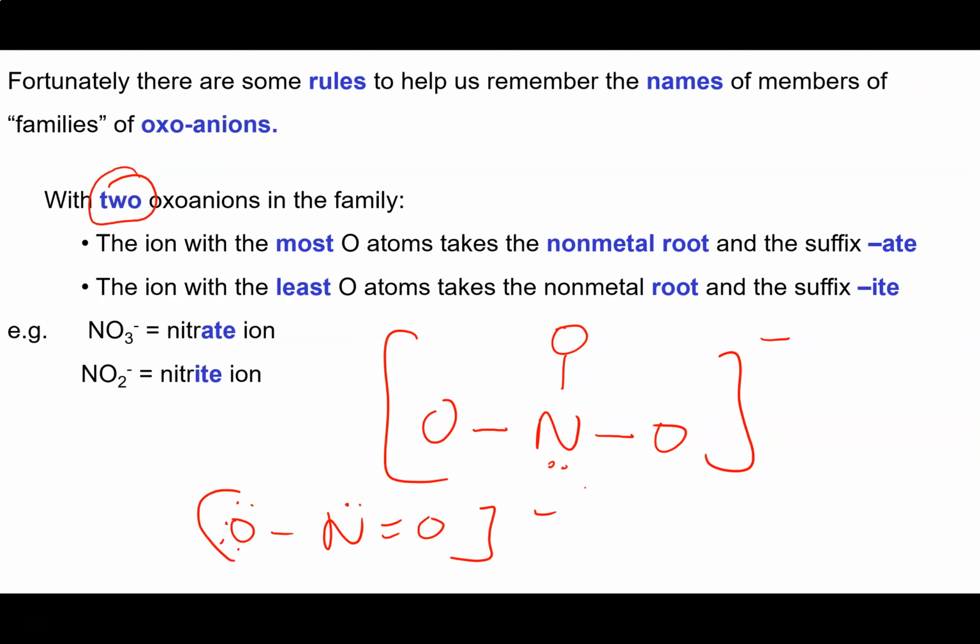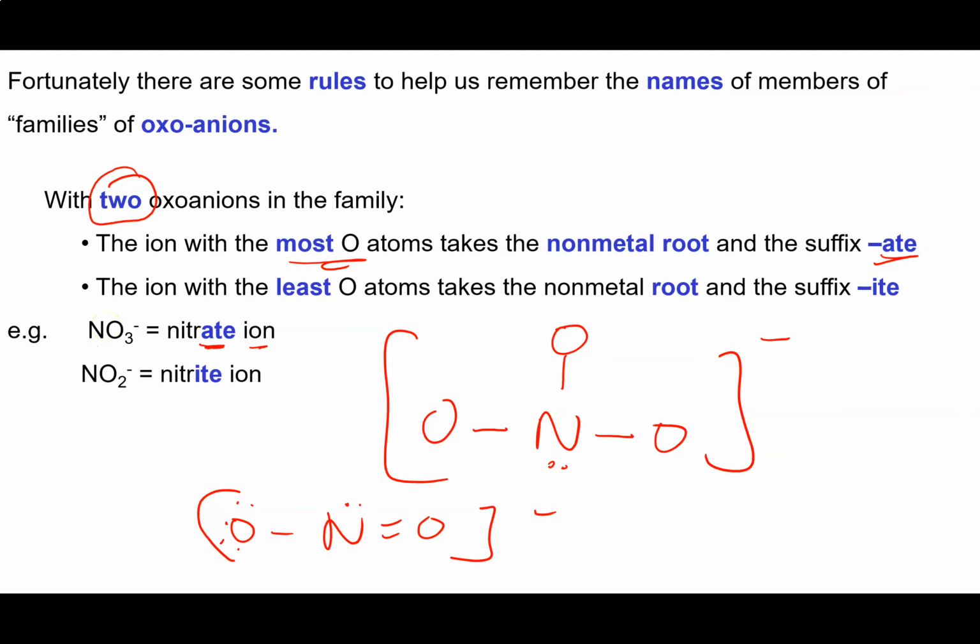When you have two, the ion that has the most oxygen atoms is named by giving the nonmetal's root name, finishing that off with ate, and then following up with the word ion. So it becomes nitrate ion.